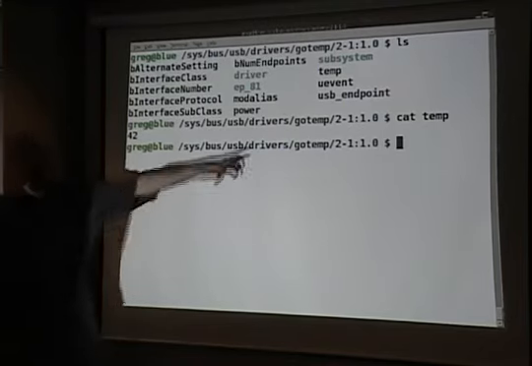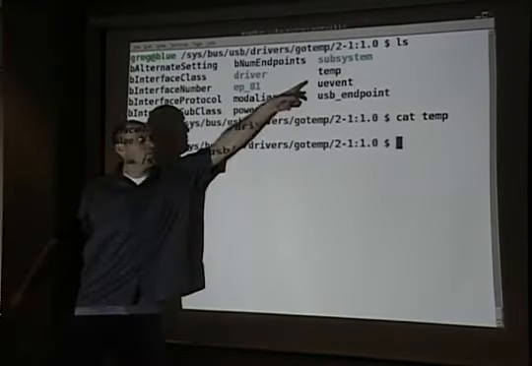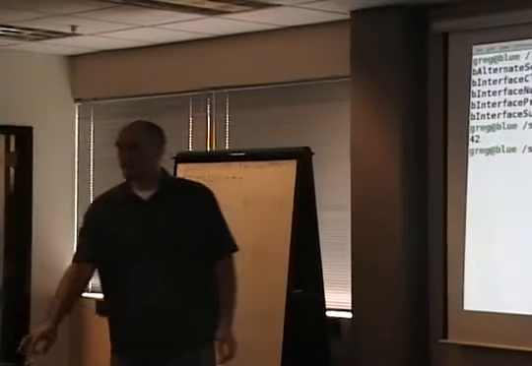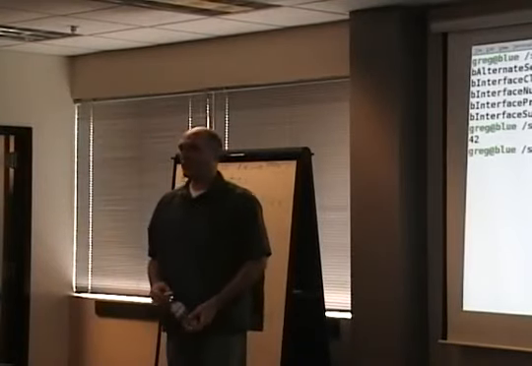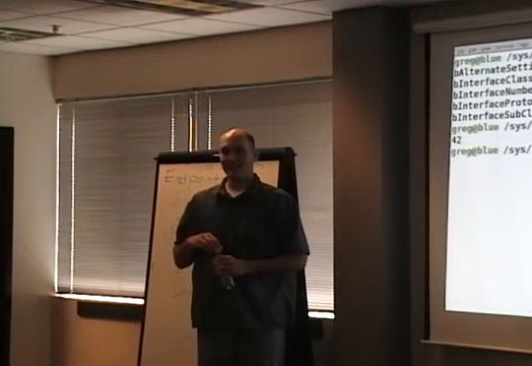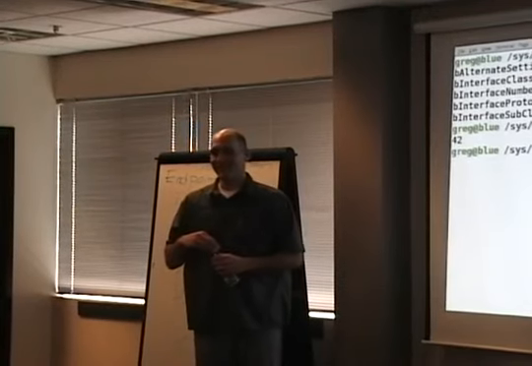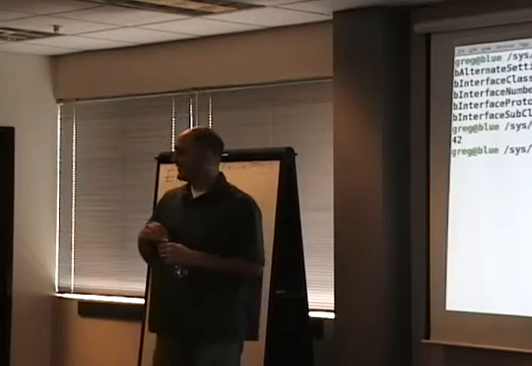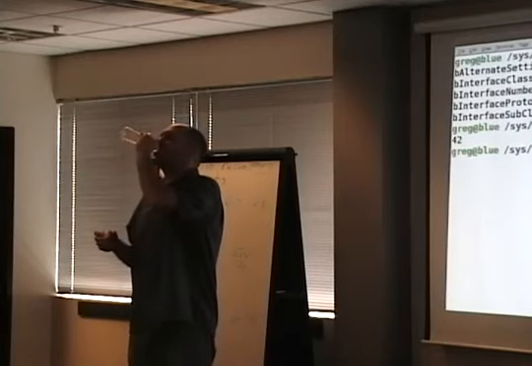So does everybody see the temperature file in their device after they loaded stuff? Everybody? Not seeing it. Did you unload the old driver? Yeah. Did you load the new one? Yeah. Did you point down into the directory that you were in?